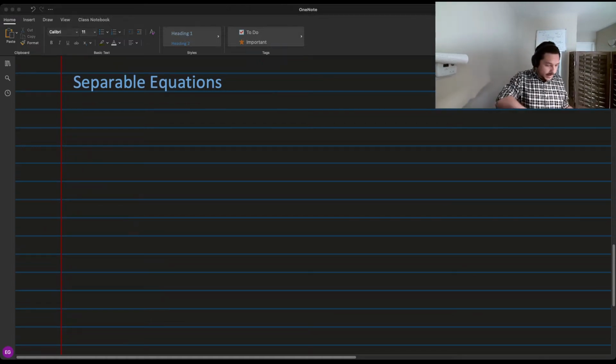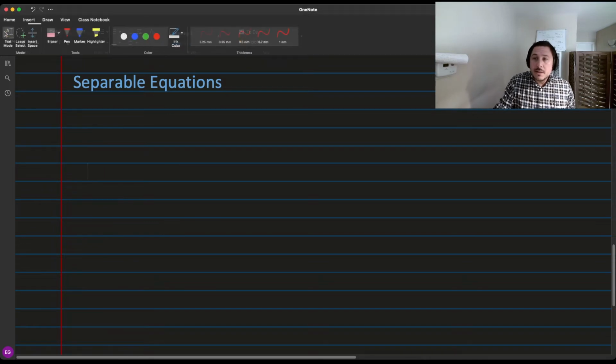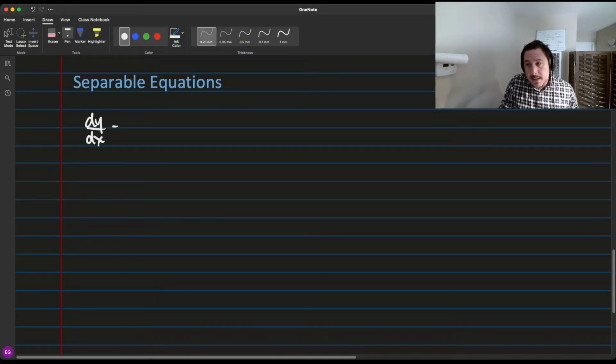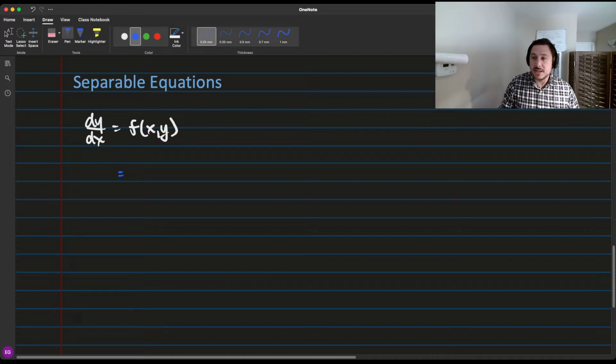Okay, so we classify separable equations a certain way. Normally you would say dy/dx equals f of x comma y. When we're talking about separable equations, we're going to split that f of x, y up into two parts.